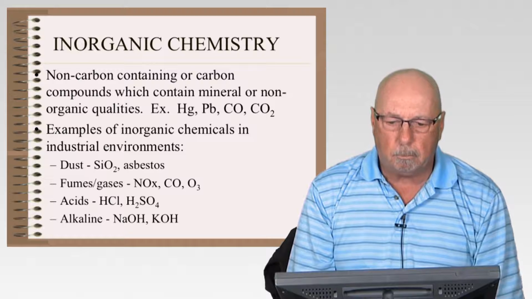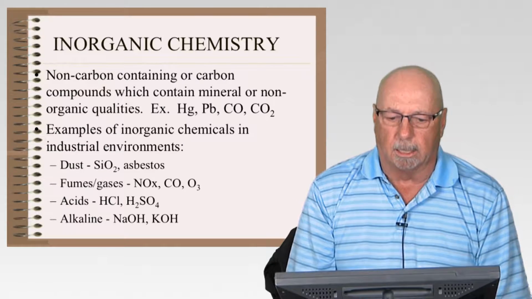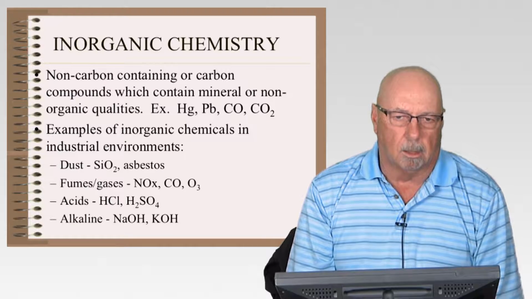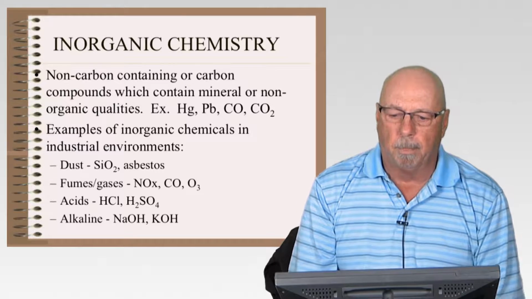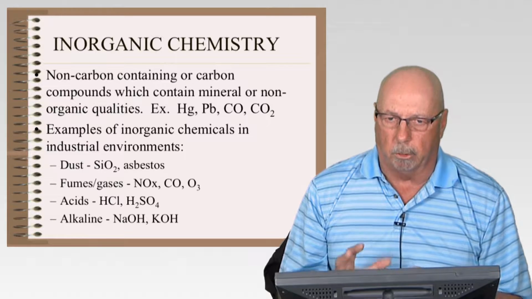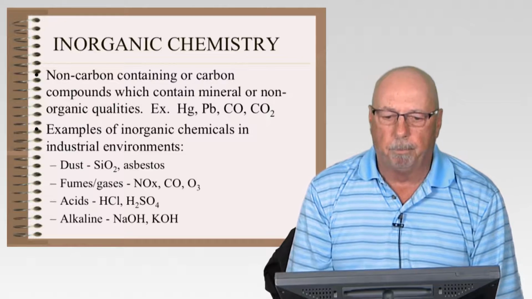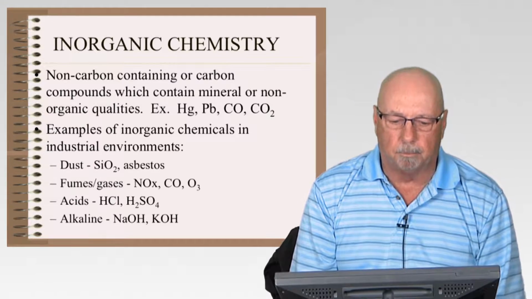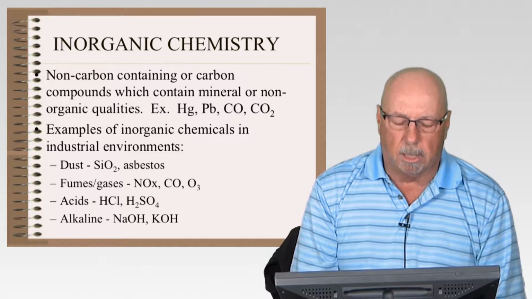So all of our minerals and things we find like that are going to be inorganic chemicals. Examples are mercury and lead and beryllium and so on. But some of our carbon-containing compounds which are inorganic are going to be things like carbon monoxide and carbon dioxide, because they don't have those organic qualities that organic chemicals would have.